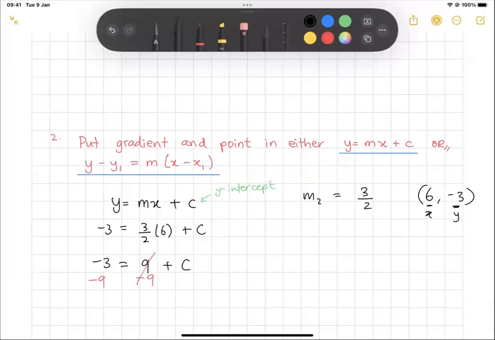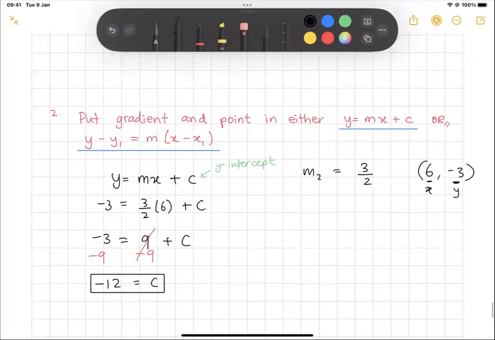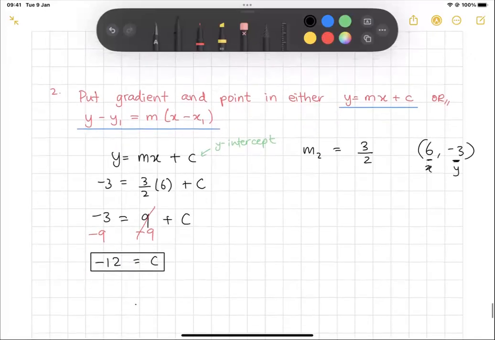This will cancel out. Negative 3 minus 9 should equal negative 12. So my y-intercept is negative 12. So my full equation should be y equals 3 over 2x minus 12.